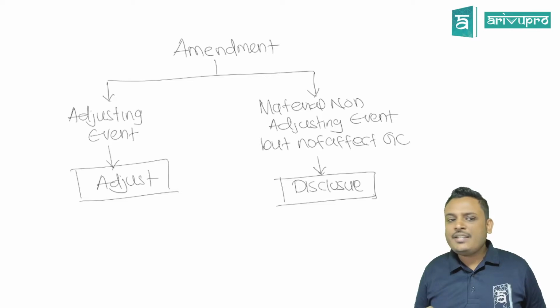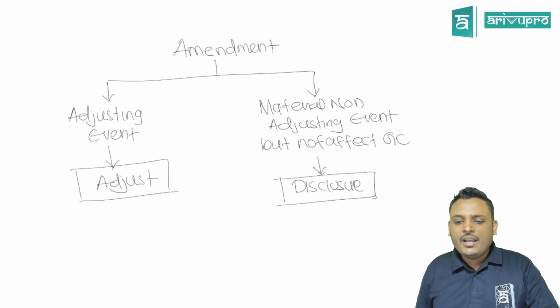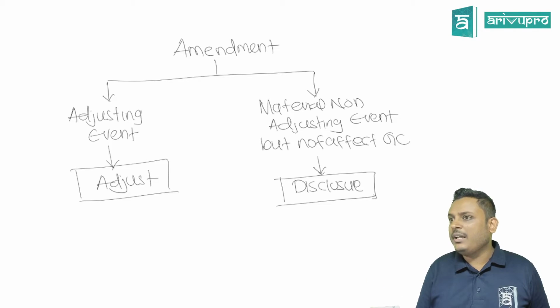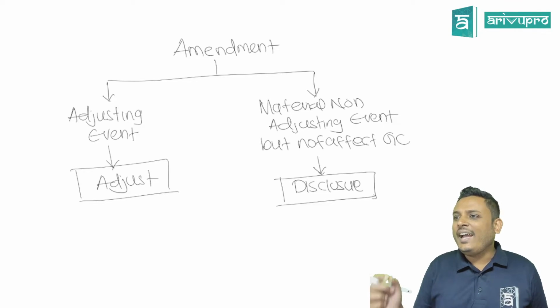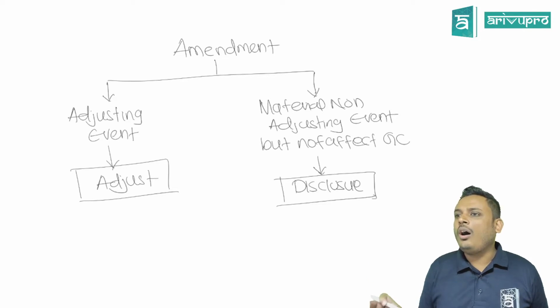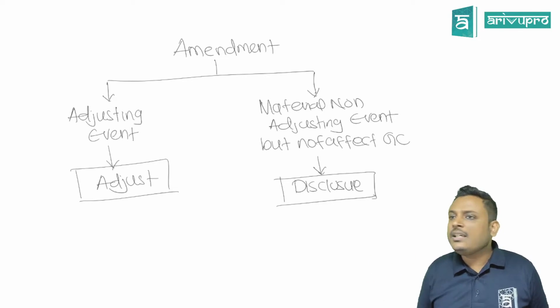Why am I teaching this? Because some students wrongly interpret the term called amendment as adjusting event. In your question, if you read financial statement need amendment, then you might think it is an adjusting part. It is not like that. Adjusting plus disclosure, both we call amendment only. Is it clear?